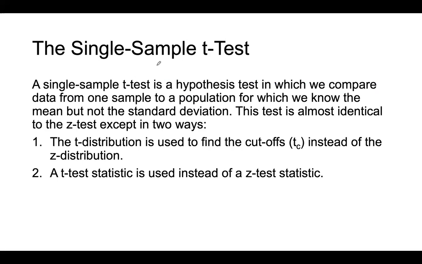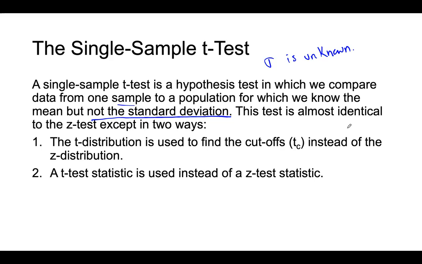So this brings us to the single sample t-test. A single sample t-test is a hypothesis test in which we compare data from one sample to a population for which we know the mean, but not the standard deviation. So sigma is unknown, versus the Z test where sigma is known.